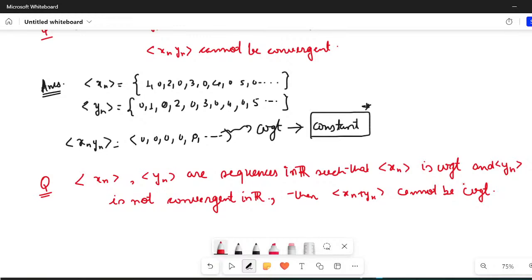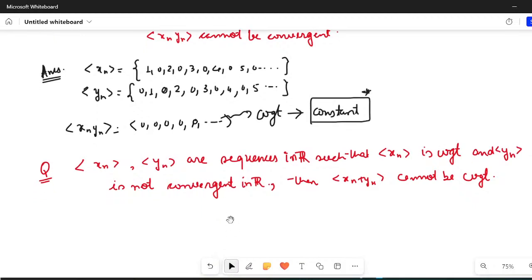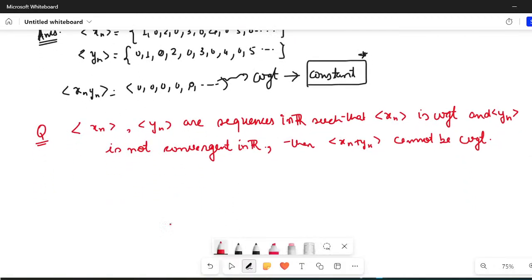Sorry, this is indeed true. Why is this true? Because yn is given to be non-convergent, right? So if a non-convergent sequence is added to a convergent sequence, then it cannot be convergent. Let us see how.